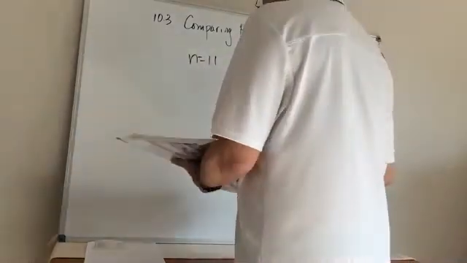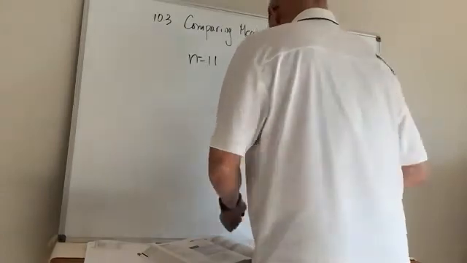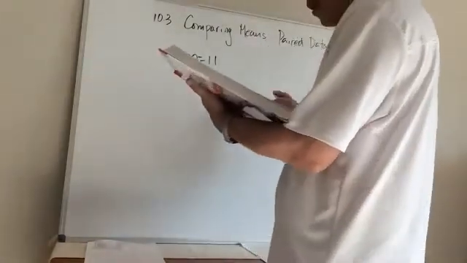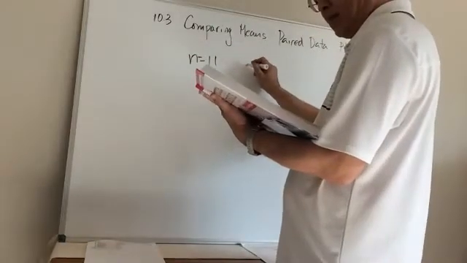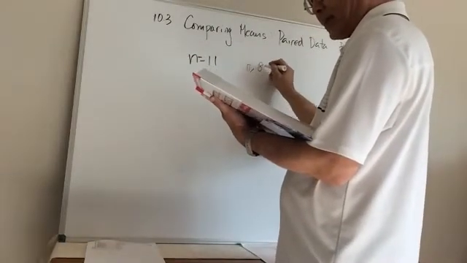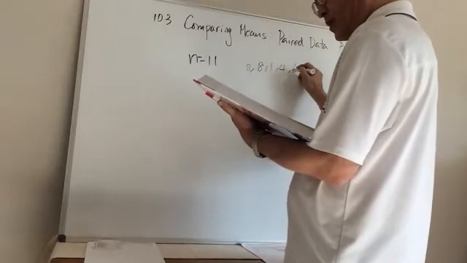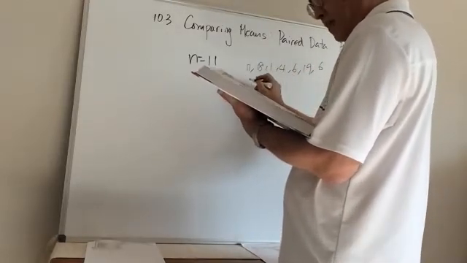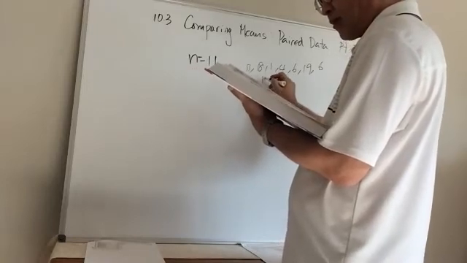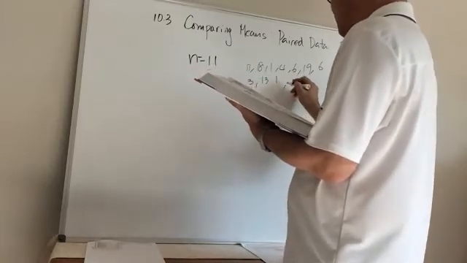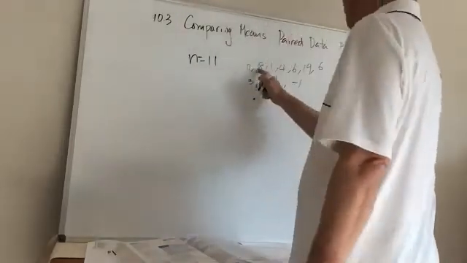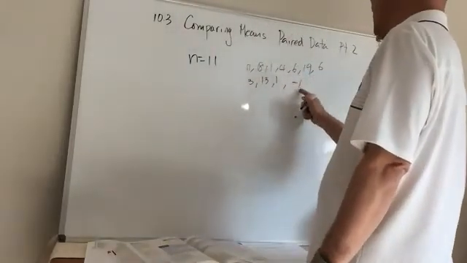Your data set is actually going to look like this: 11, 18, 1, 4, 6, 19, 6, 3, 13, 1, and -1. I have 1, 2, 3, 4, 5, 6, 7, 8, 9, 10, 11.